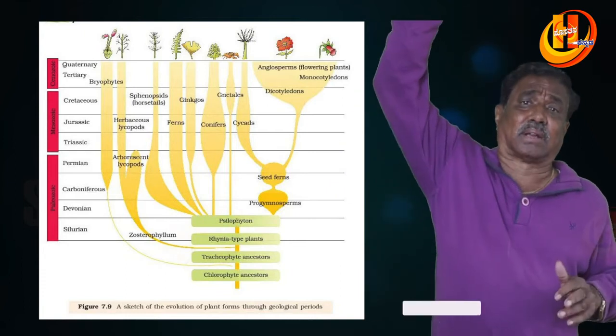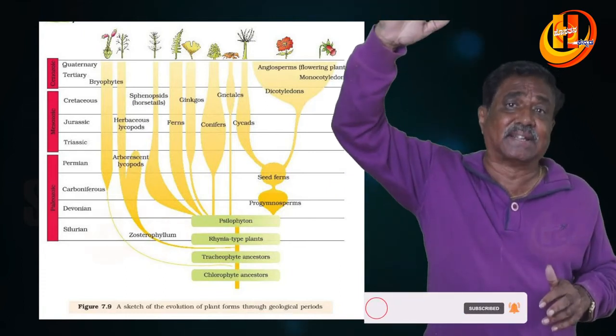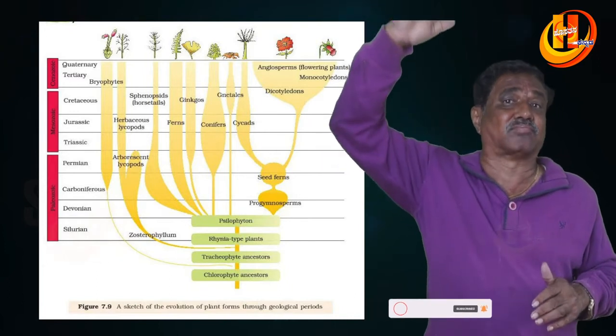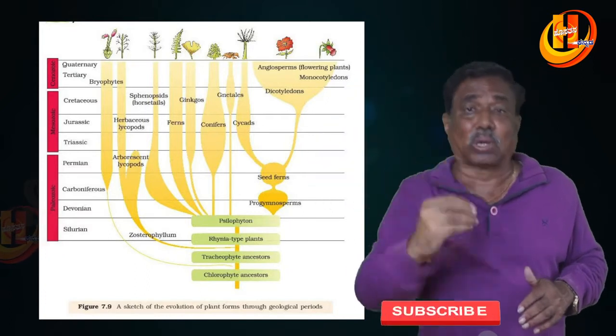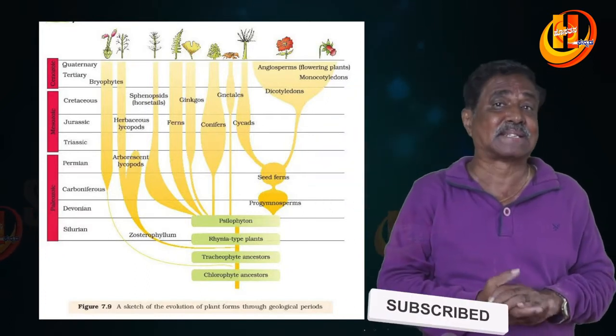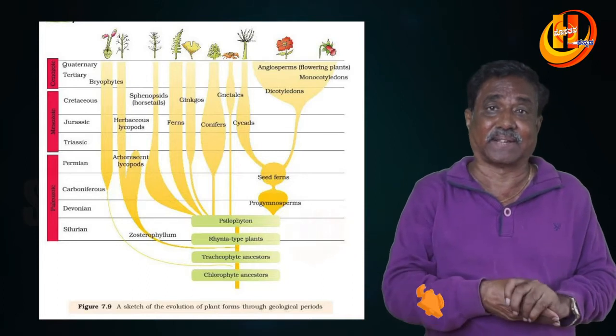And coming to the Mesozoic era, that is Tertiary, Quaternary and Cretaceous, they show mammals. In case of animals, different types of mammals can be seen.